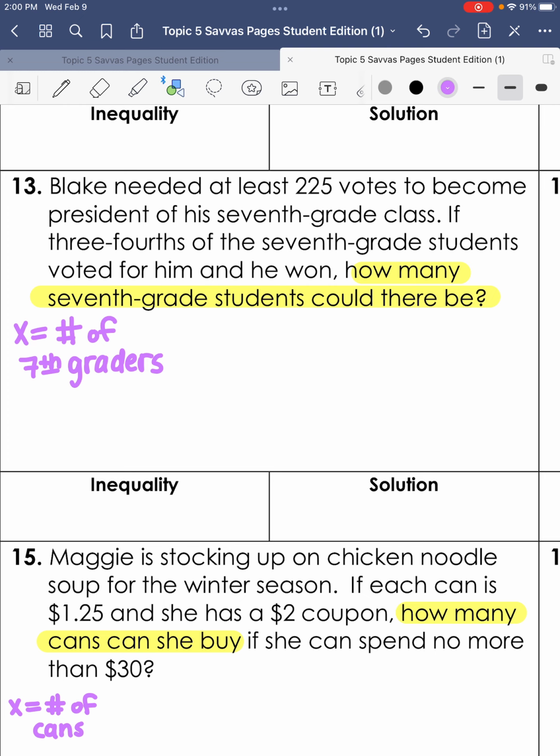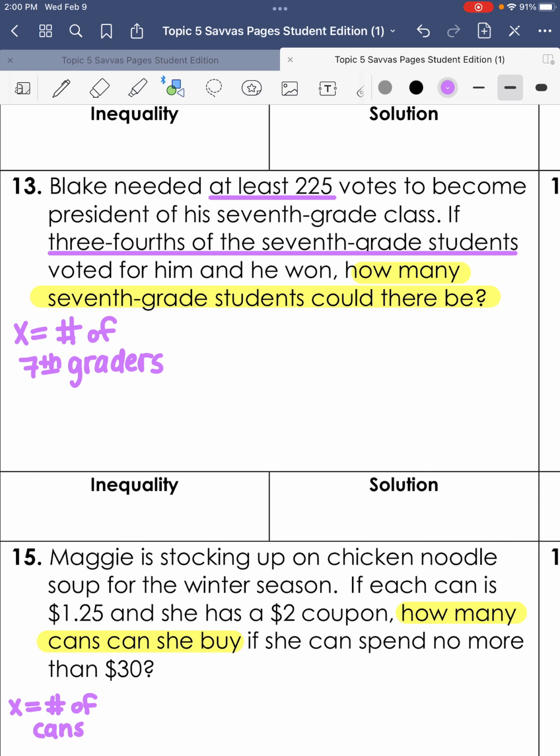Okay? Now, what else is important? He needed at least 225 votes to become president, so that's important. And if 3/4 of the 7th grade students voted for him, he won, right? Okay, that's all the important information.